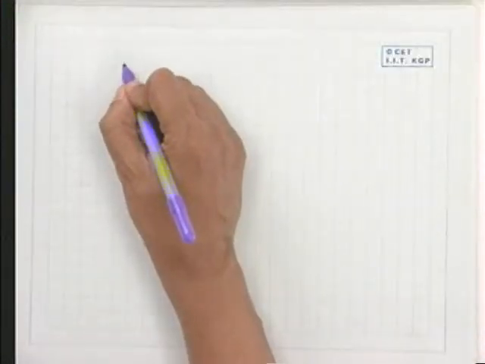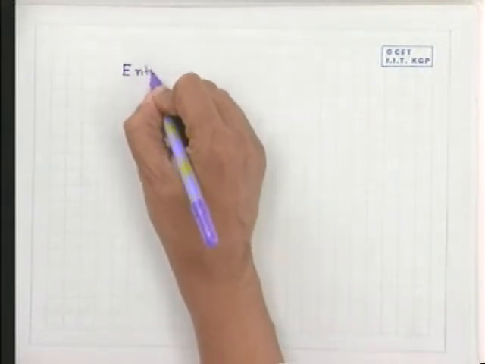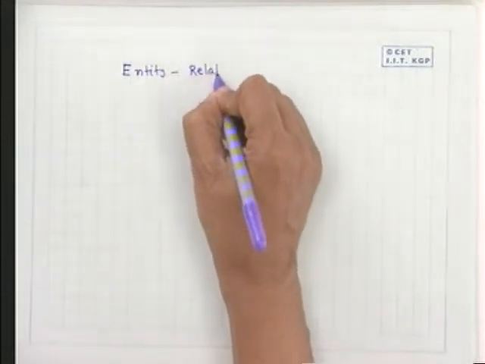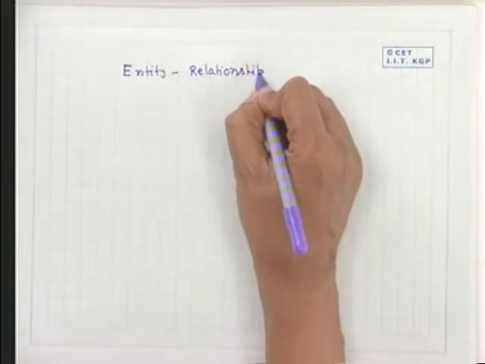Before we define the interrelationships, we look at one concept that is commonly followed in the database literature, which goes by the name of entity relationship diagrams.